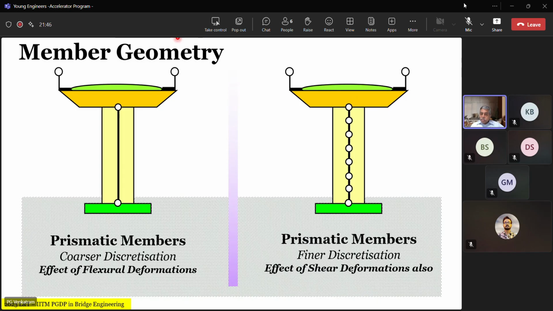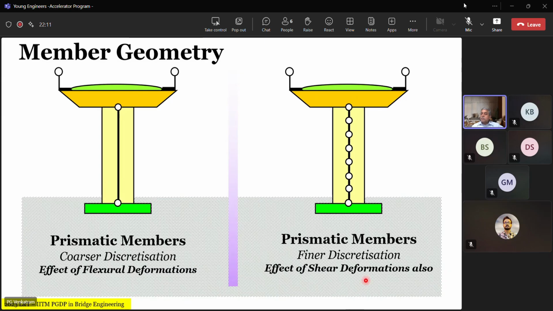Now, when you do this discretization, in the first case, basically what you are saying is that I am not interested in the effect of shear deformation. We'll come back to understanding the flexural deformation and shear deformation in a short while. But basically, when you do coarse discretization, you're saying that I'm interested only in the flexural deformations.